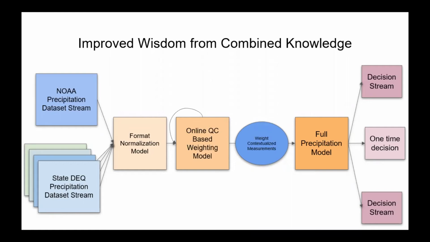And if I was able to combine those and give them weights and say, I'm this confident about this data set and this confident about this other data set, and then combine them in an online model, I can improve my precipitation model. I can even create multiple versions of that, and people can pick and choose which they're more confident about, so downstream decision makers can choose.